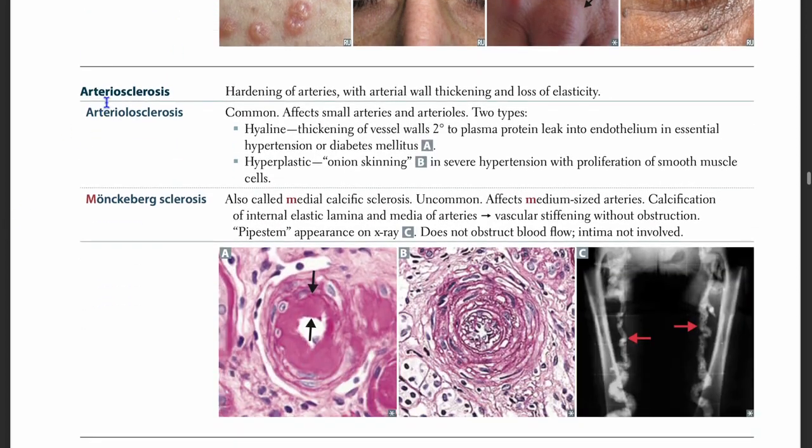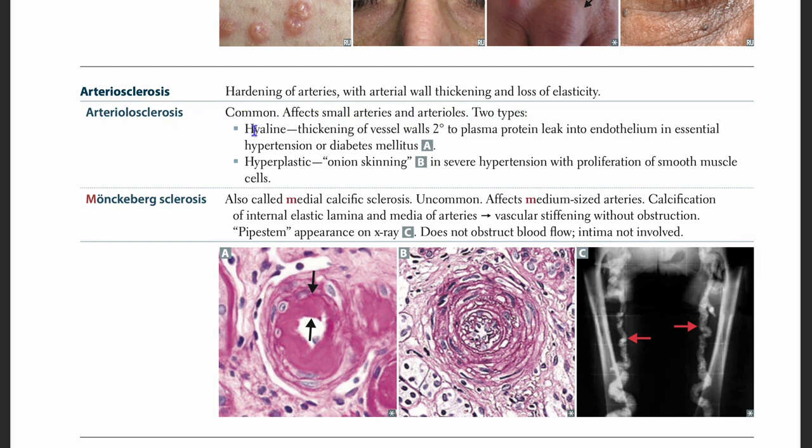Then you have arteriosclerosis. Okay, so they show it here. Hardening of artery. This arteriosclerosis is different from atherosclerosis because this one is dealing with the vessel itself, the artery. So it's the hardening of artery with arterial wall thickening and loss of elasticity. Arteriosclerosis, common, affects small arteries and arterioles.